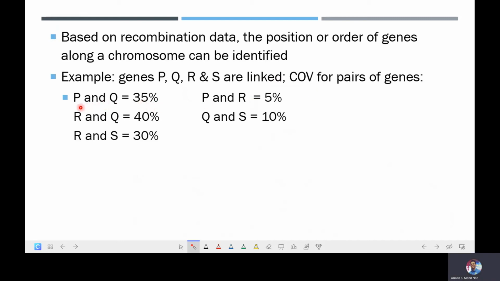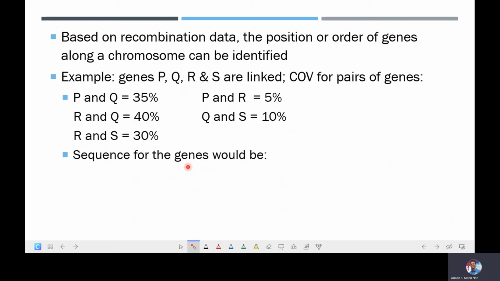For example, P and Q will be giving the COV value of 35%, R and Q will be giving the value of COV of 40%, R and S will be giving the value of COV of 30%, P and R will be giving the value of COV of 5%, while Q and S will be giving the value of COV of 10%.